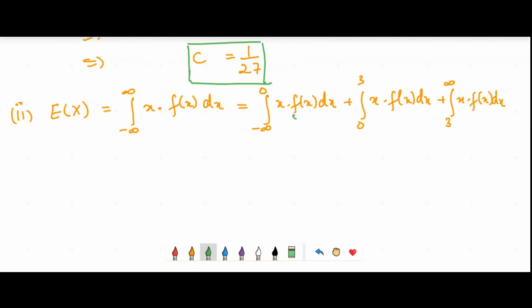Again here, fx is 0. So we'll get this as, from 0 to 3, the value of fx you just need to substitute.